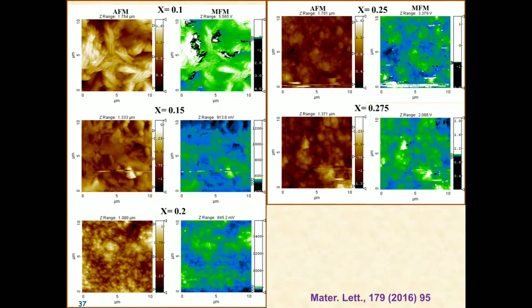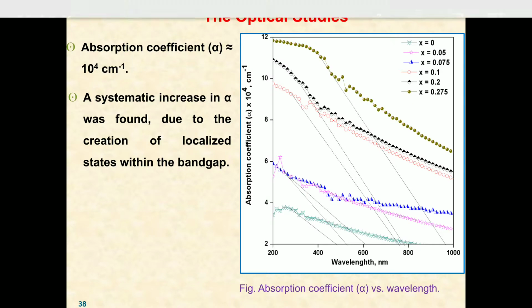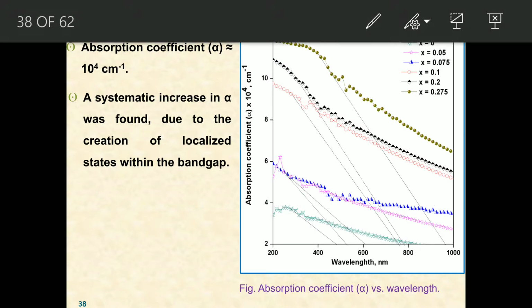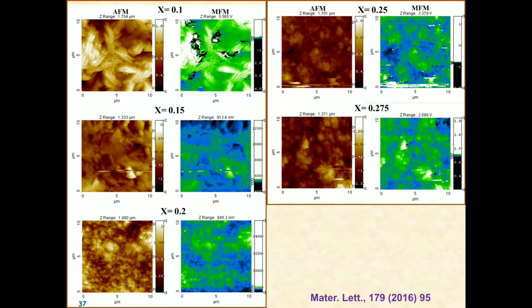The color contrast within the aggregates suggests the existence of dissimilar magnetic domains and the presence of mono and multi magnetic clusters. This MFM study data is published in the Materials Letters journal.